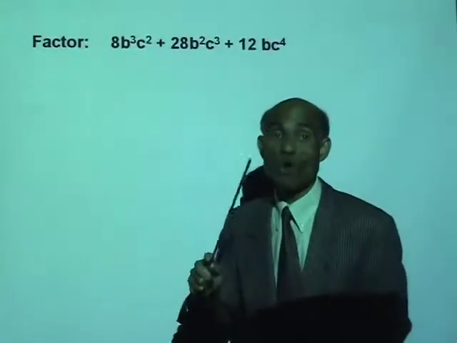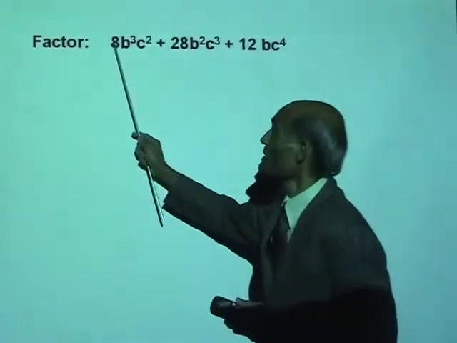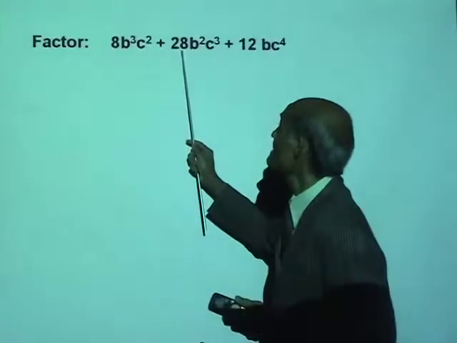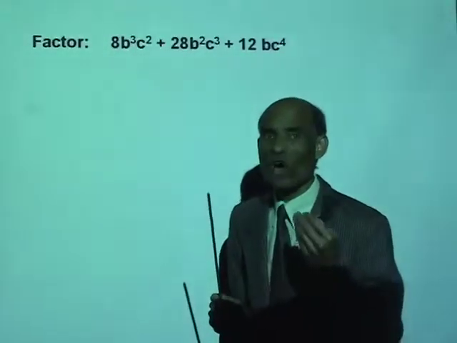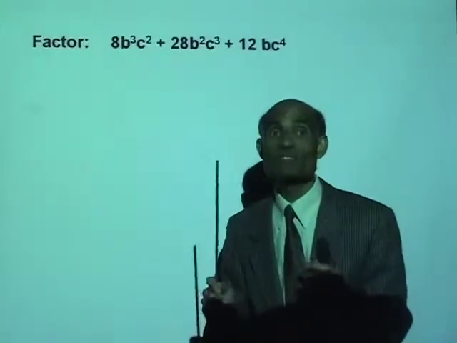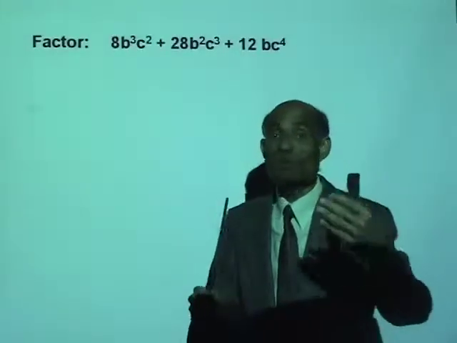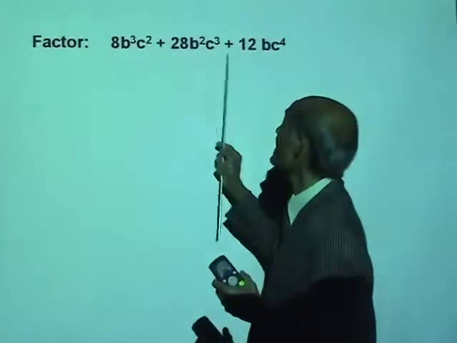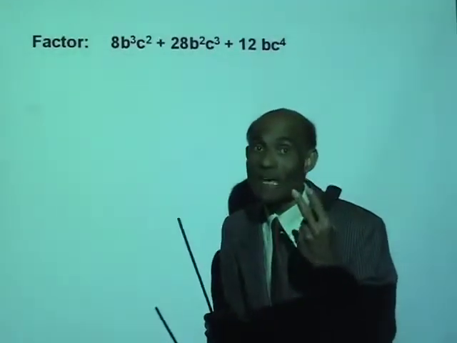Well, you must look for common factors in a systematic way. How? Look at the numbers. 8, 28, 12. What is the greatest common factor in those three numbers? Isn't that 2? Yes.